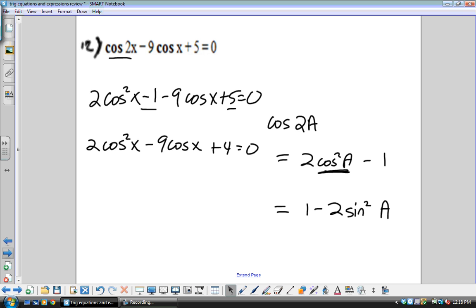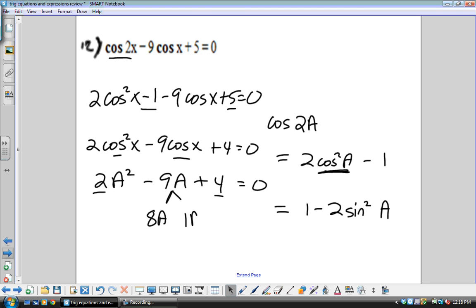Okay, now I've got my nice quadratic form here with my cosine squared and my cosine. So now let's make our substitution. We get 2a squared minus 9a plus 4 equals 0. Now, let's split the middle term here and factor it. 2 times 4 is 8. Factors of 8 that add to give me 9 would be 8 and 1. Both of them will be negative.